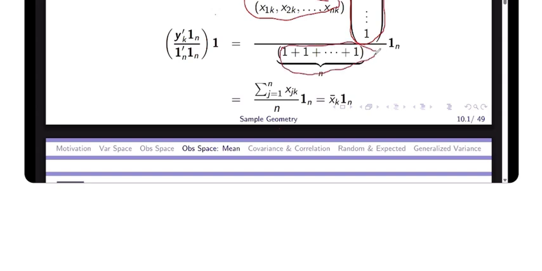In the denominator, if you take a look at this guy here, the 1n, please pay attention. 1n is this guy: 1, 1, and so on until we get to 1. If I now do the transpose of this guy, it is going to be a row: 1, 1, and so on until I get to 1.